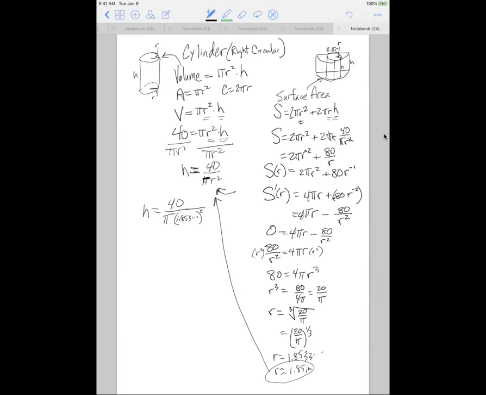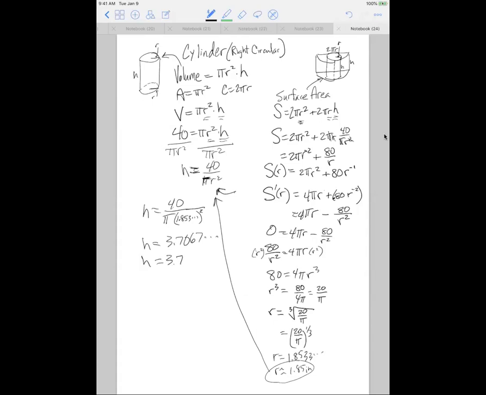So I end up with 1.853 and so on, raised to the second. I get 3.43, and multiply that times pi, 10.79, and so on. Now I take 40 and divide it by that, and I get h equal to 3.7067. I think a safe rounding is to the tenths place, so h equals 3.7.